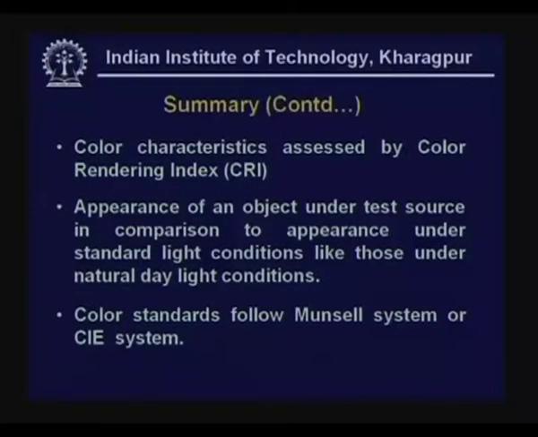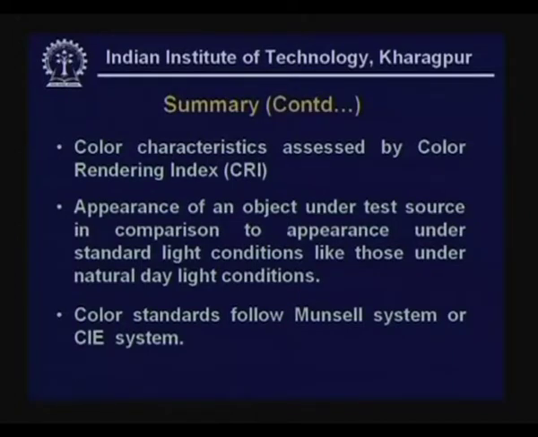For lamps having color temperature greater than 5000 degrees Kelvin, one could have simulated daylight of appropriate color temperature in order to arrive at CRI, whereas for lamps having color temperatures below 5000, a complete radiator of nearest color temperature is taken as reference.